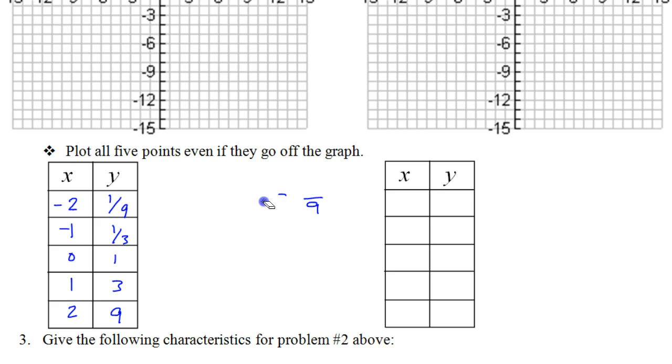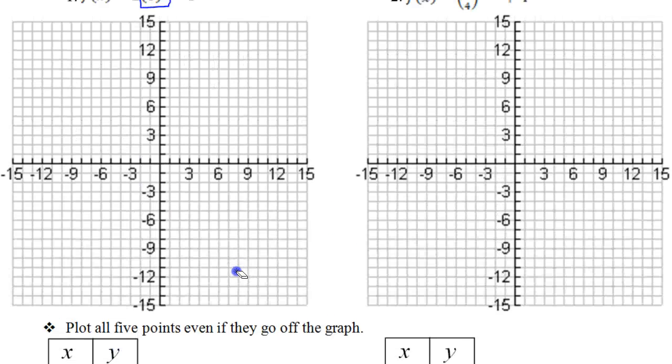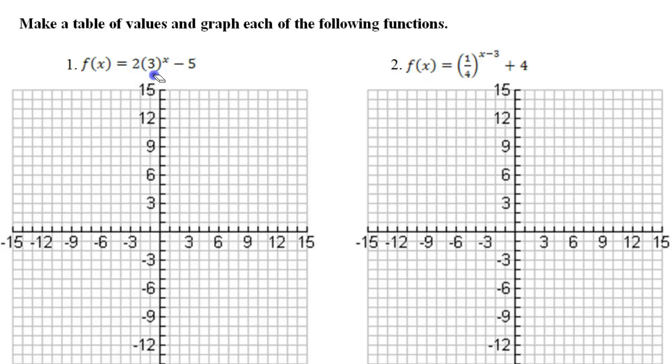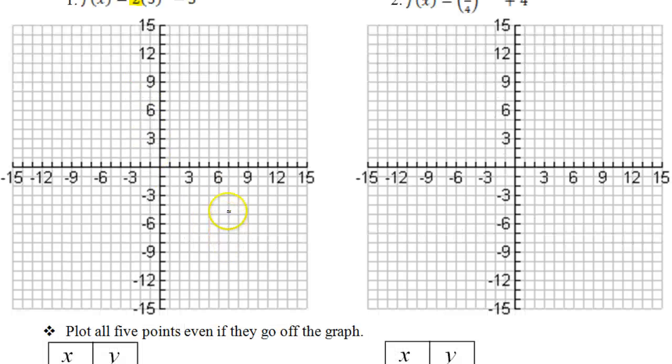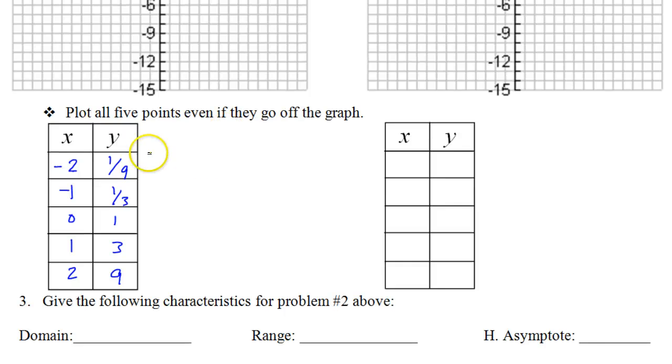Okay, before we go graphing these points, sometimes we need a third column. We need a third column when there is an a value, and there is an a value of 2. So we'll make a third column for the a value.